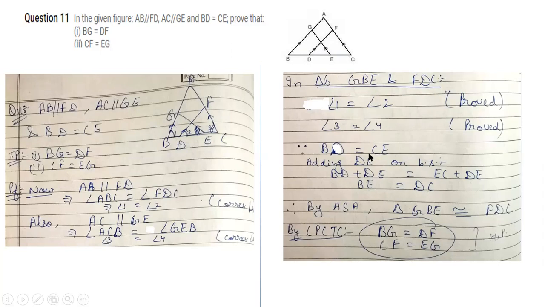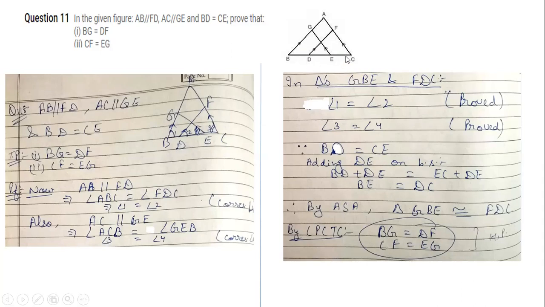One more thing. In the question, they have given us that BD is equal to CE. BD is equal to CE. This triangle BGE needs whole BE and the triangle FCD needs complete CD.